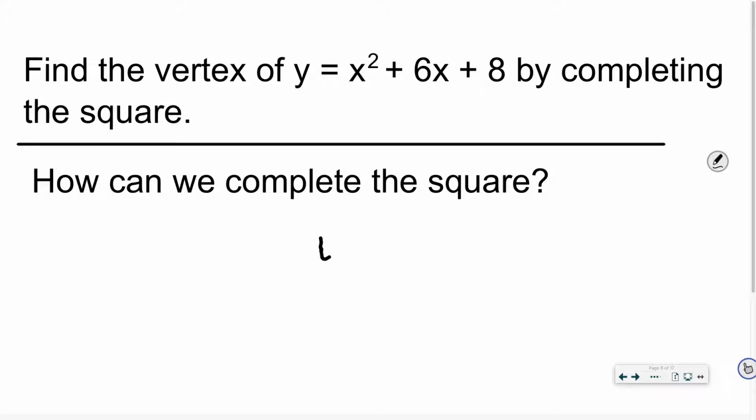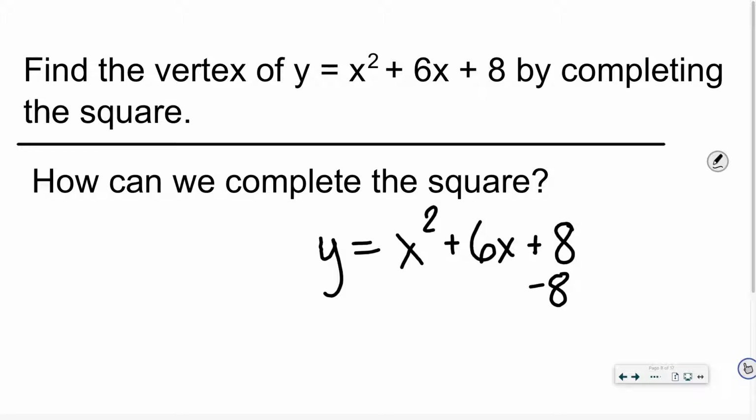If I had this equation, how would I complete the square? Yeah, I want to get rid of the 8 first because I'm going to complete the square and add in another c value. What am I going to do on the other side? I'm going to subtract an 8.